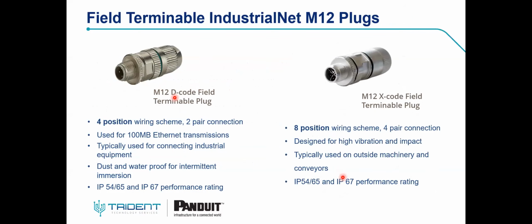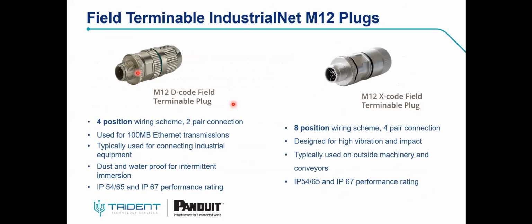And in bandwidth, we have the field terminal plug. It is an industrial net for the M12. It's very simple to connect, like the field terminal plug we discussed before for the Ethernet in commercial buildings. But here you have a high protection and it can be used for your automation system.